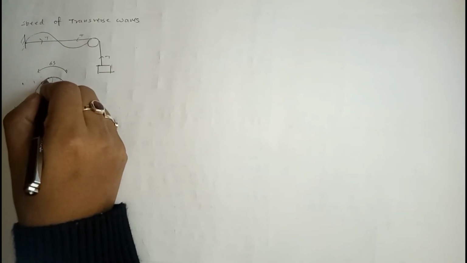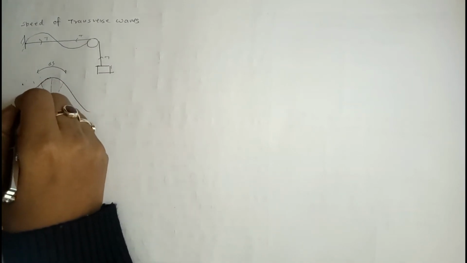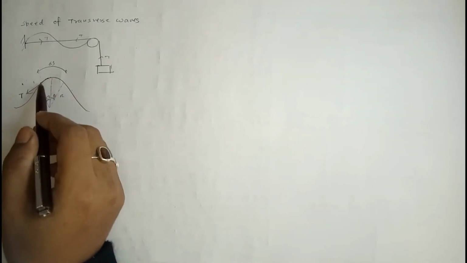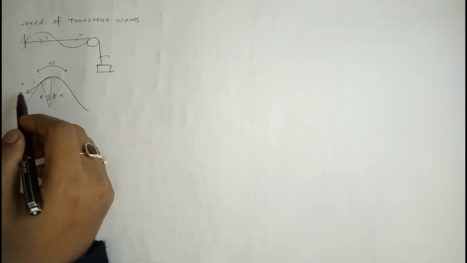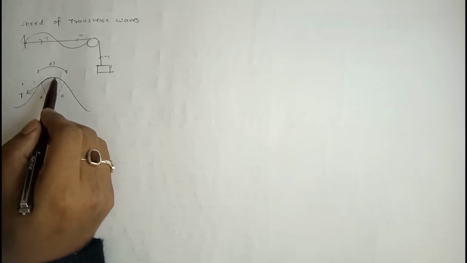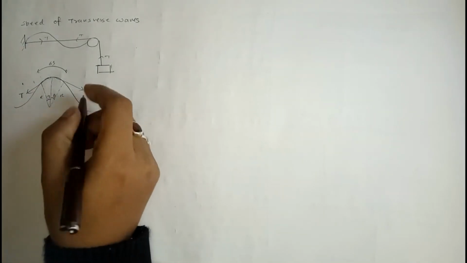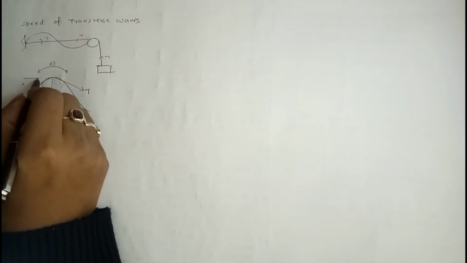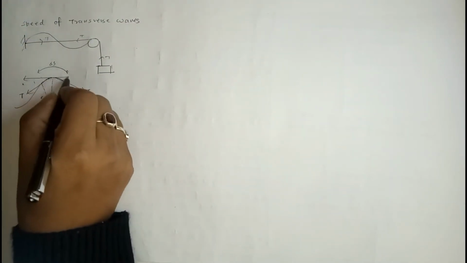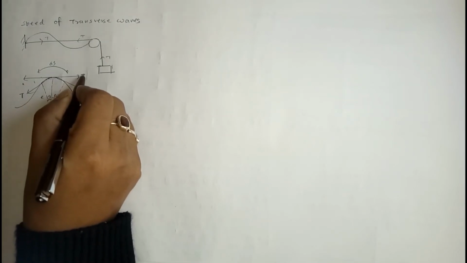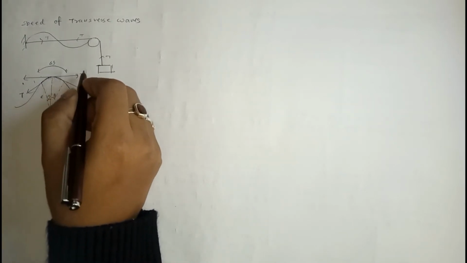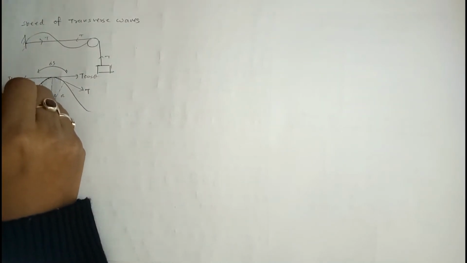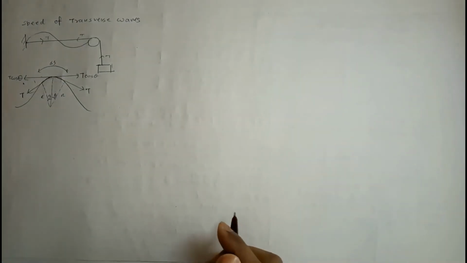Here we draw our tension force, that is tangential tension. So we resolve our tension into two components, one along the x-axis and the other along the y-axis. So we divide tension 1 in the x-axis, that is T cos theta, and tension 2, T2 cos theta.